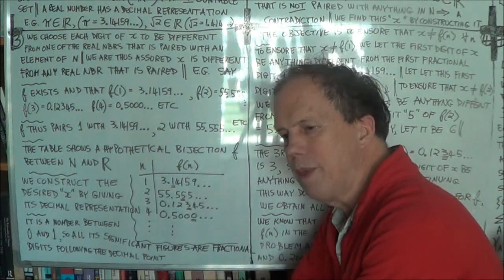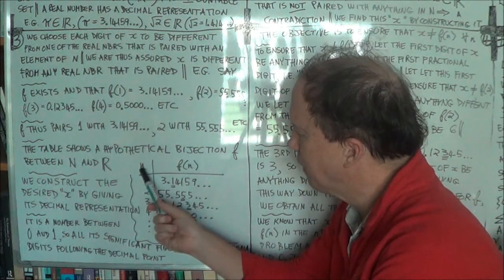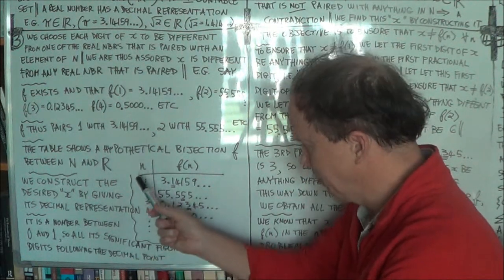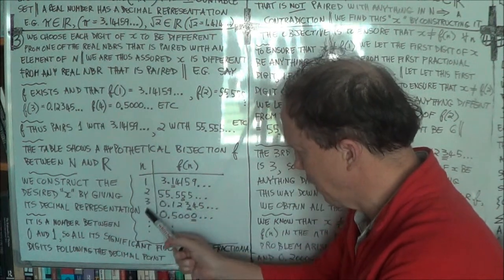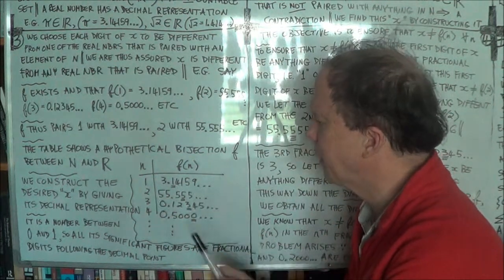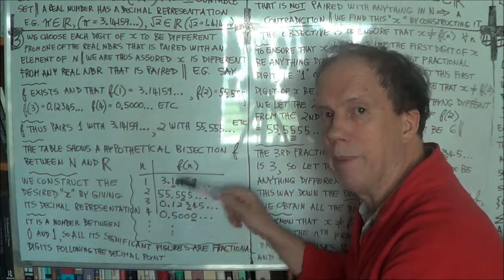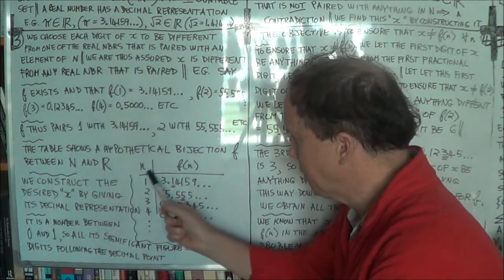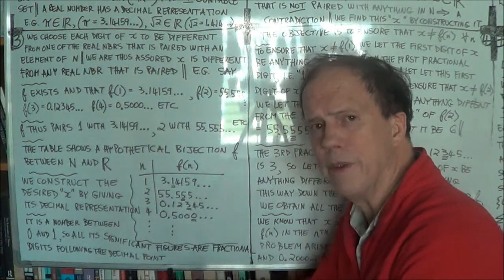Imagine there really is a function f that maps the positive integers n here, 1, 2, 3, 4, and this function maps that positive integer into a real number. Okay, so for example, here's a table of the mapping. There'll be an infinite table, of course, because both the integers and the reals are infinite sets.